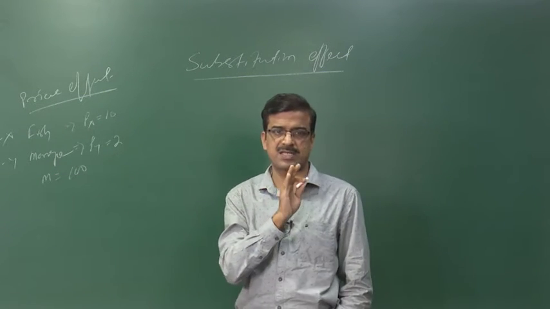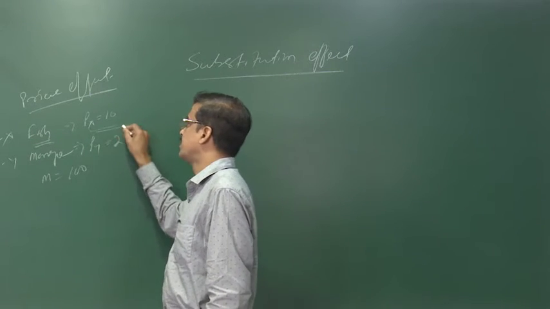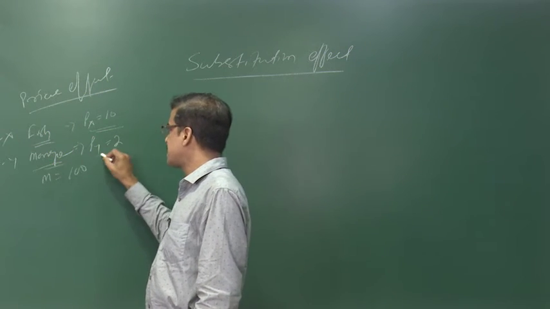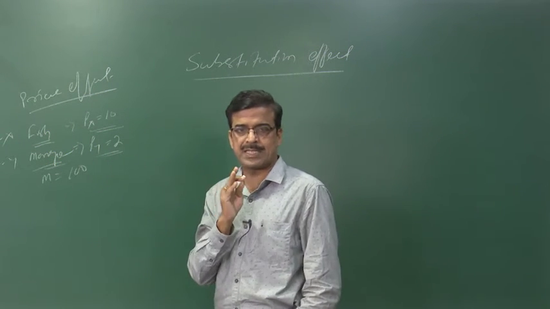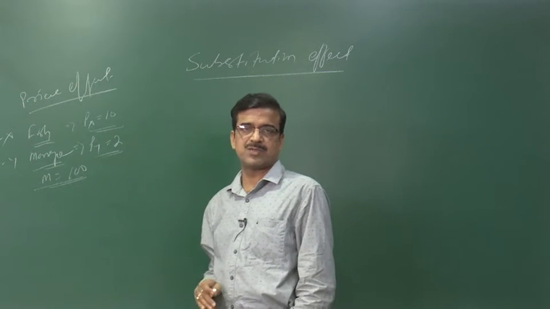These things are given to you. Fish price is given as 10 rupees per piece, mango price is 2 rupees per piece, and total money income given to the consumer is 100.